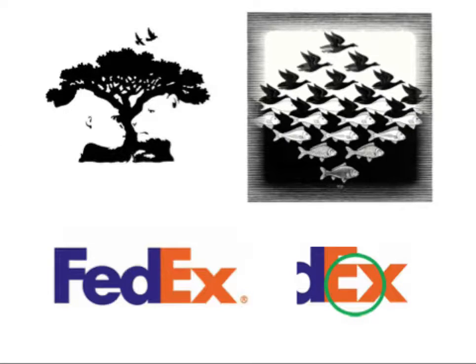That's a good usage of the positive shape of the tree, and it makes that outline of the animals. On the bottom, we see the FedEx logo, and if you just look at it on the left, you might not notice what you actually see.